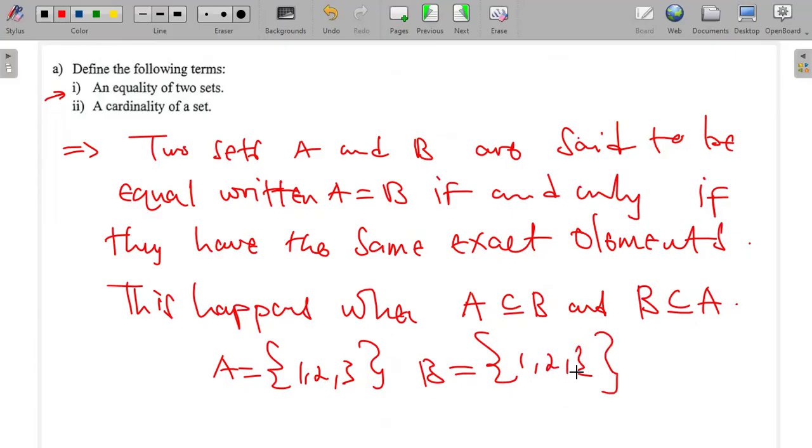This is the only way two sets can be equal, when they contain the exact same elements and they are subsets of each other. Then we say those two sets are equal. If you want, you can screenshot this, but make sure you memorize it. It can come as a definition in the exam or tests.